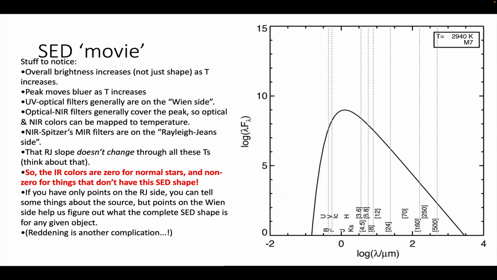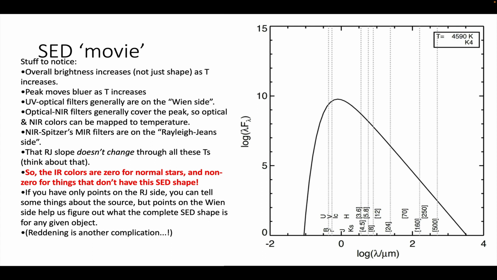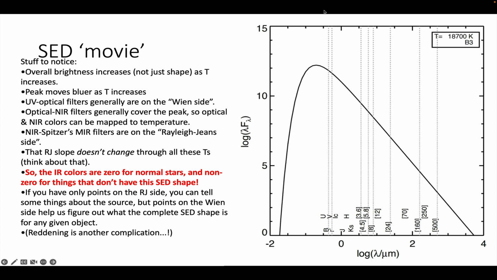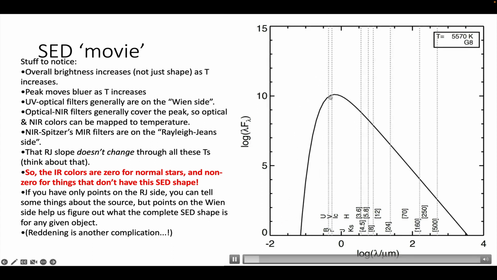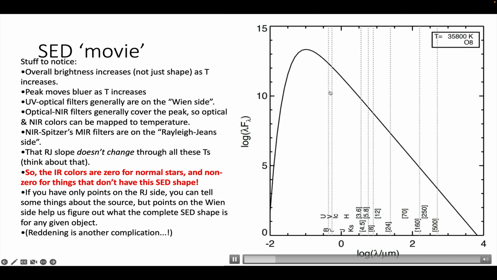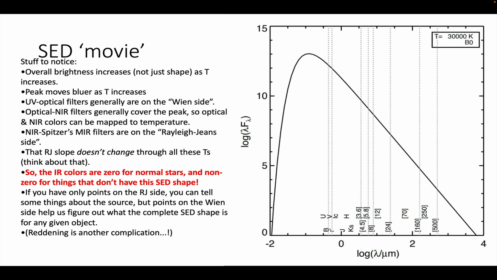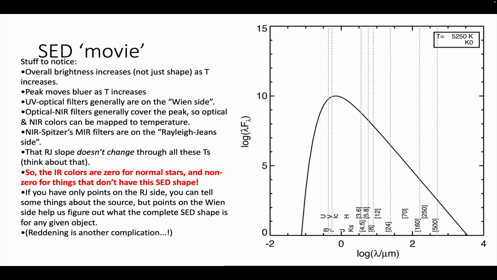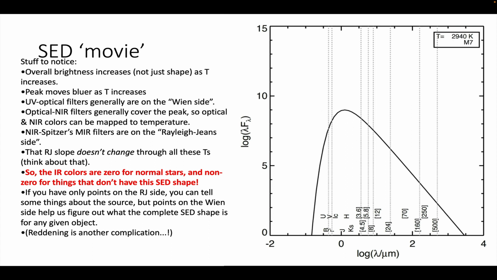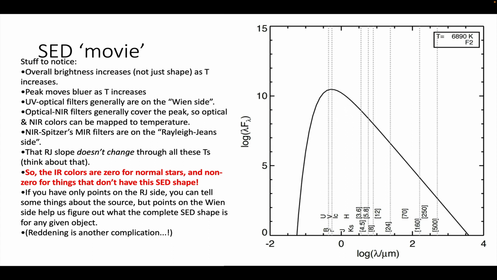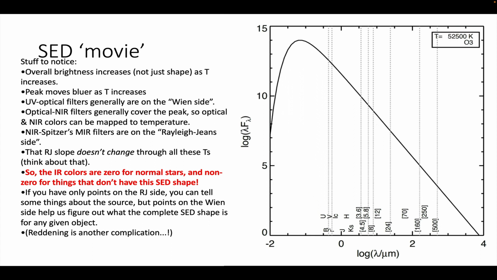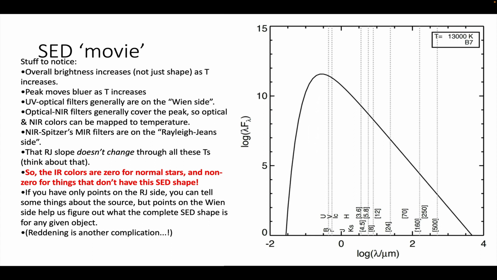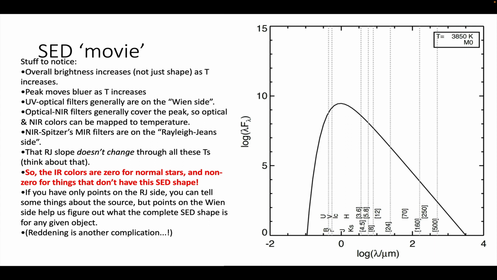But for B through M, the slope of this line through those optical filters changes tremendously. For O stars, the black line is pointing down. For the M stars, it's pointing up. So there are huge changes going through there.